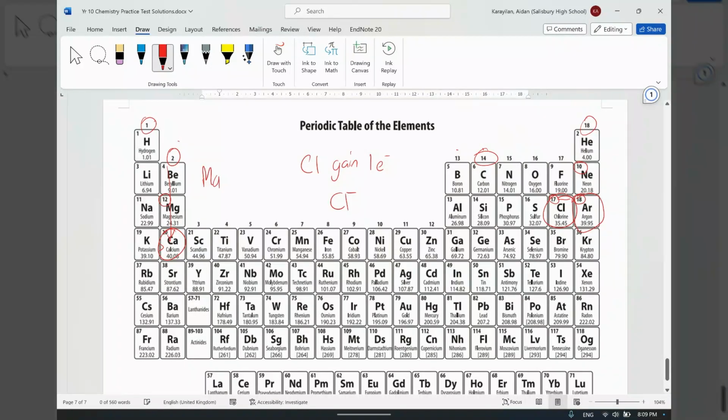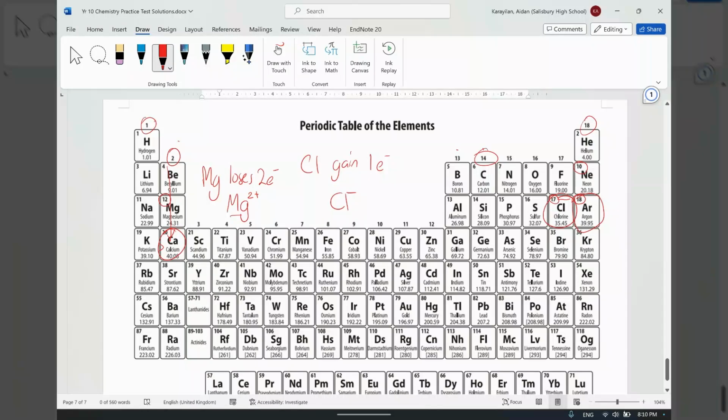So magnesium loses 2 electrons to have the same configuration as its nearest noble gas, neon. And if it loses 2 negative charges, it is going to end up with 2 positive charges left over. So magnesium losing 2 electrons, giving them up to something else, makes it Mg2+.